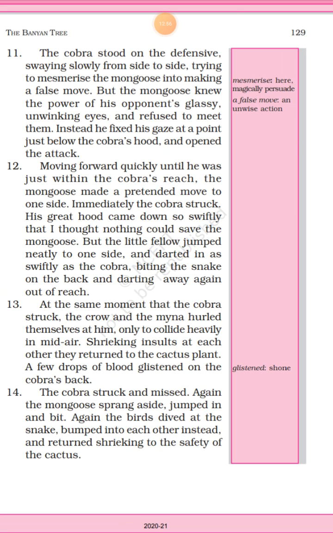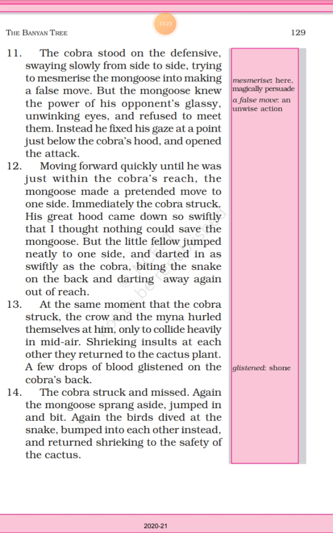Please read the 11th paragraph and find out if you have understood. The cobra stood on the defensive, swaying slowly from side to side, trying to mesmerize the mongoose into making a false move.